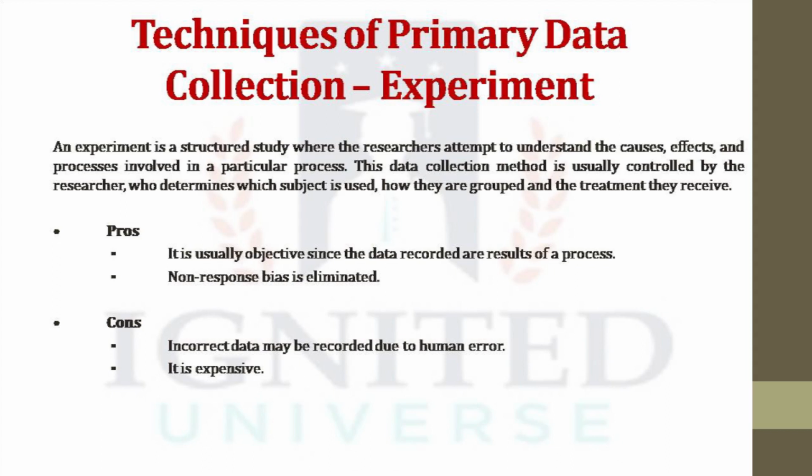So, it is usually objective since the data recorded are results of a process. Another advantage of the experiment technique is that non-response bias is eliminated. However, it is expensive, and incorrect data may be recorded due to human error.